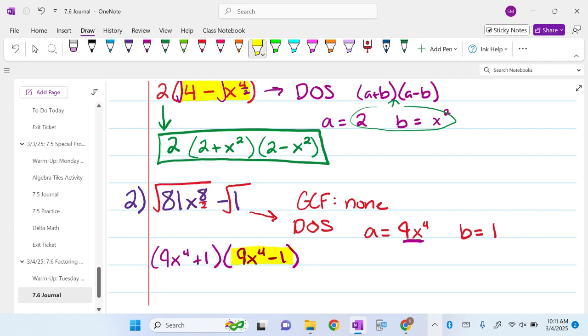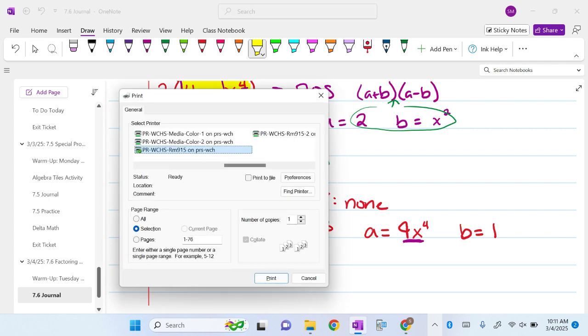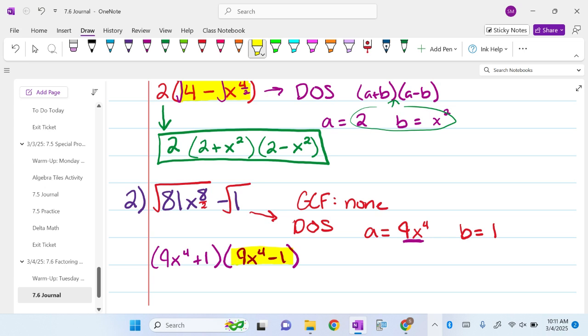Now, why can I not factor this one anymore? Why can I not factor the 9x to the 4th plus 1 anymore? We talked about this yesterday. It's only a subtraction.